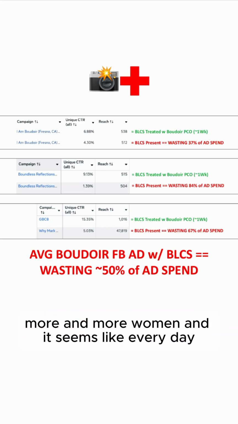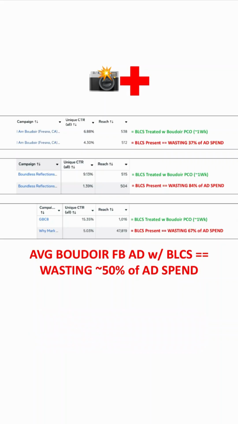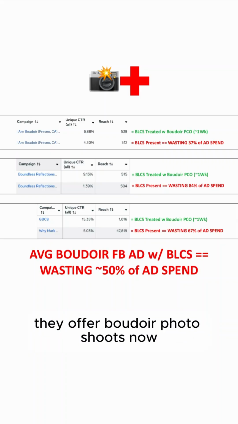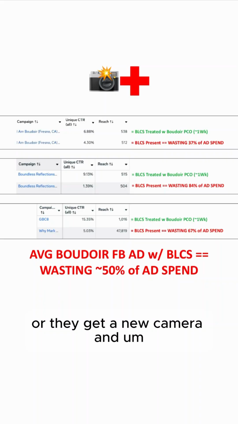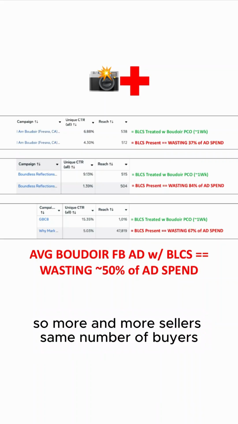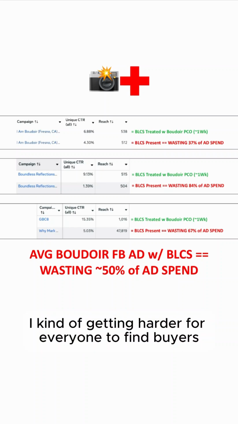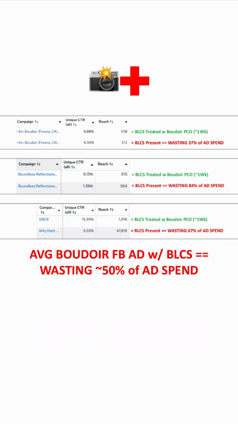And it seems like every day, if someone gets a new iPhone, they're throwing up a Google My Business profile saying they offer boudoir photo shoots now, or they get a new camera, and they're in the mom groups talking about how they shoot boudoir now. So more and more sellers, same number of buyers, more competition, kind of getting harder for everyone to find buyers.